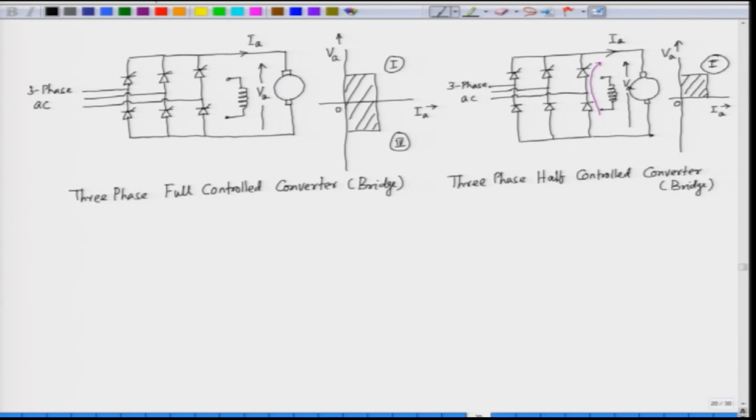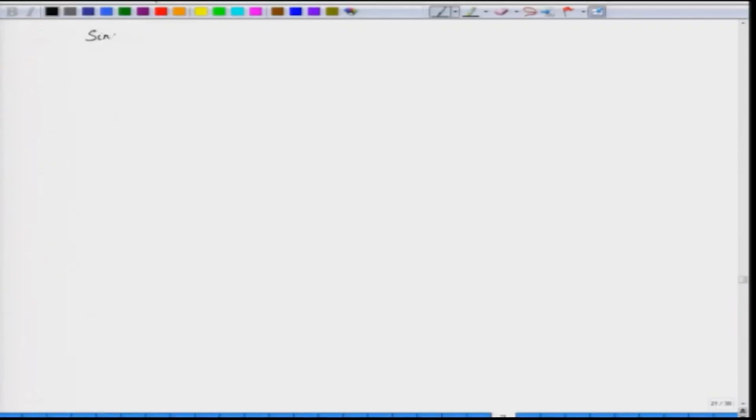Now, let us see how we can analyze the operation of a separately excited DC motor when fed from a single phase full control converter, and this is a separately excited DC motor.